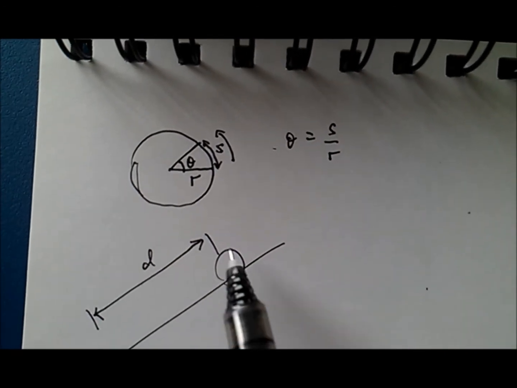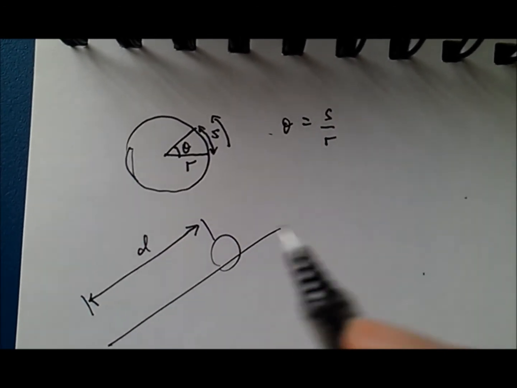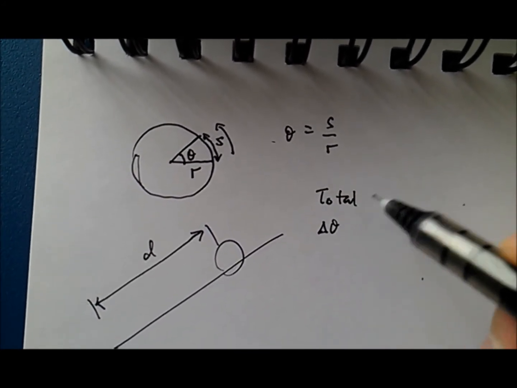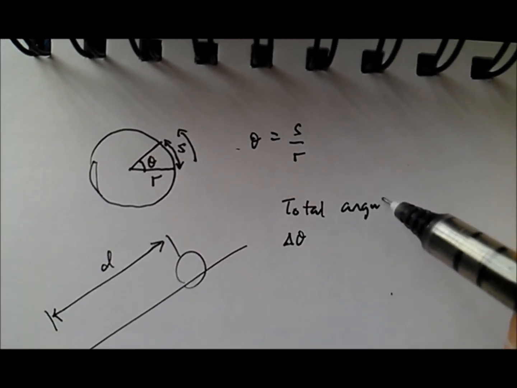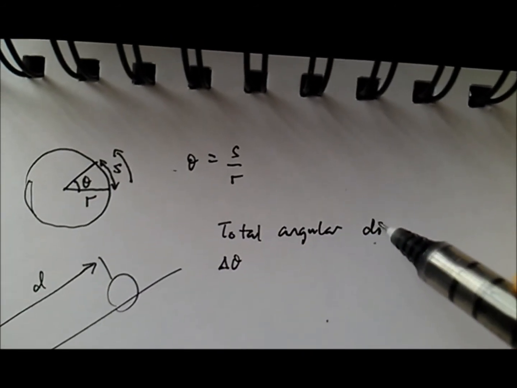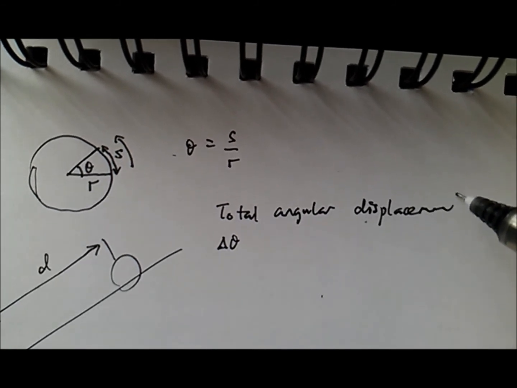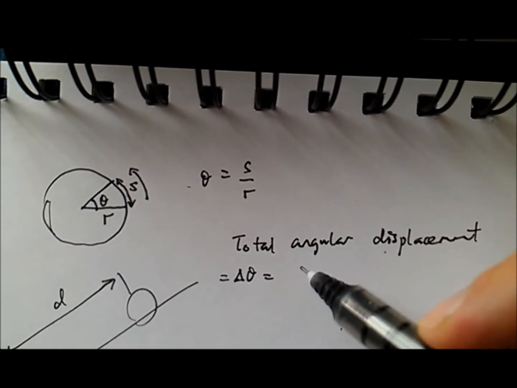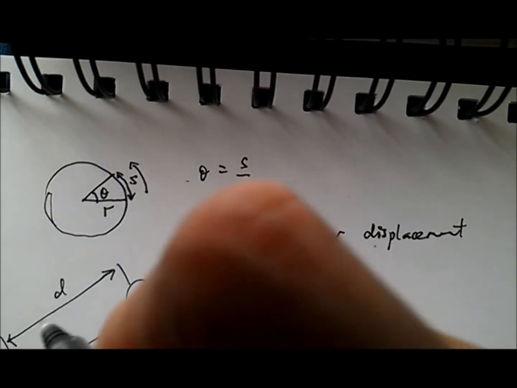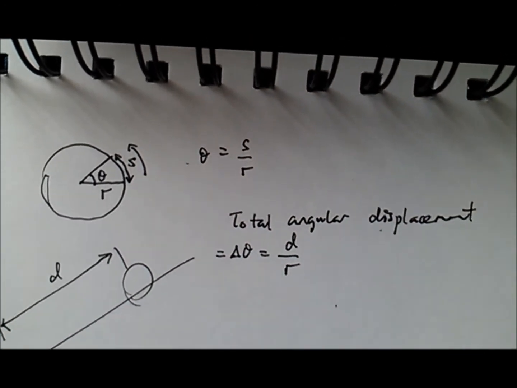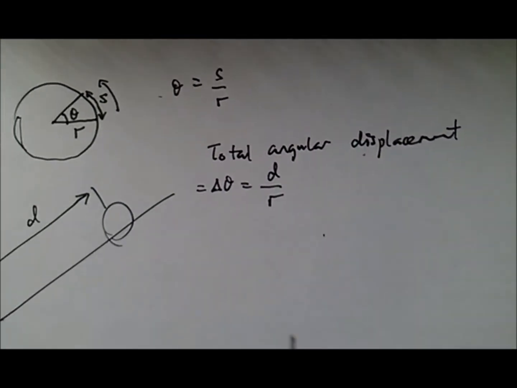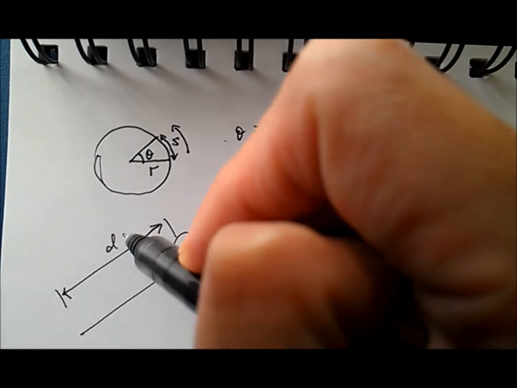In this case, the total rolling distance is d, so the total angular displacement of the sphere will be d divided by r. That is the total angular distance covered by the sphere as it rolled down the 95 centimeters of the slope.